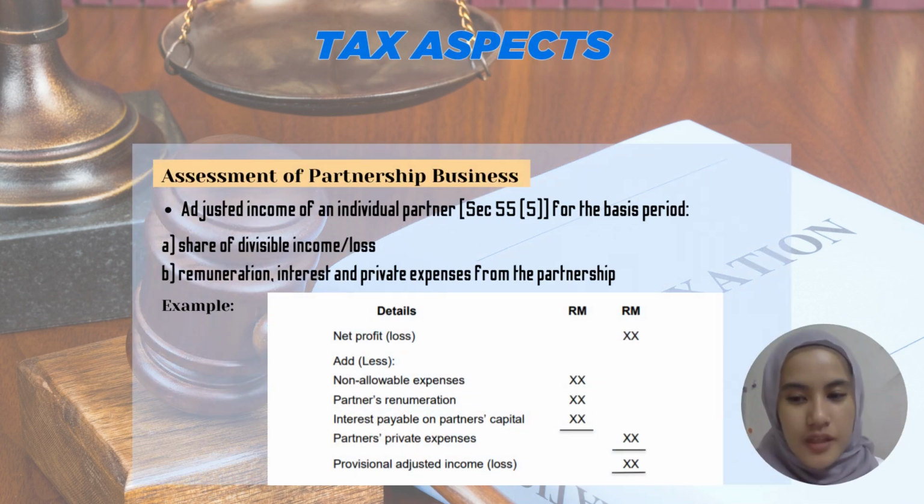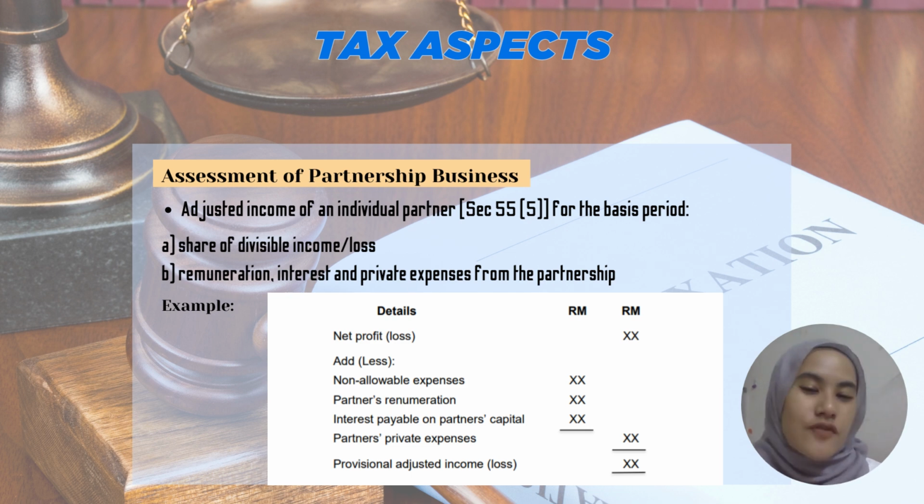Adjusted income of an individual partner falls under section 55 subsection 5. I know that before we get divisible income, actually we have to calculate adjusted income first. But I just wanted to show you what I found for tax assessment in partnership, one of which is section 55.